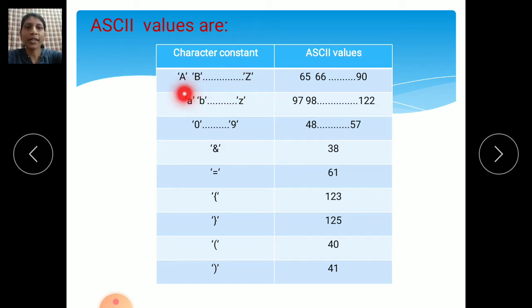So what are the ASCII values of each character here? For each character, there is one ASCII value. When you write code on a computer, we use alphabets, numbers, and special symbols, but the computer doesn't understand a single alphabet, digit, or special symbol.